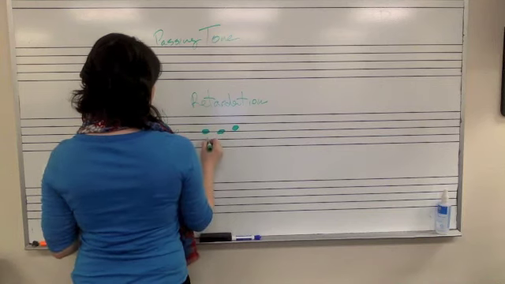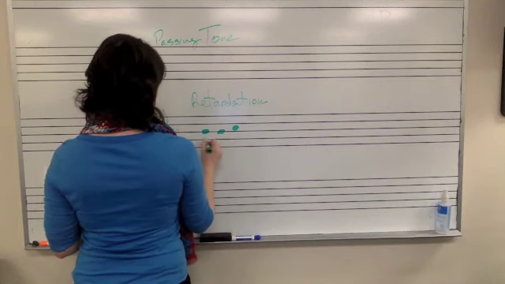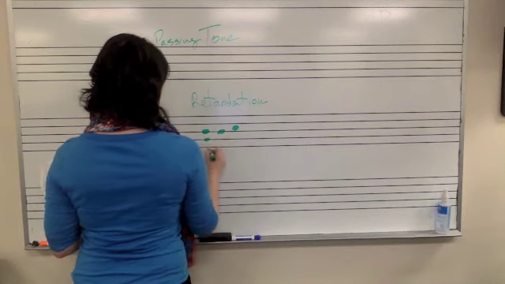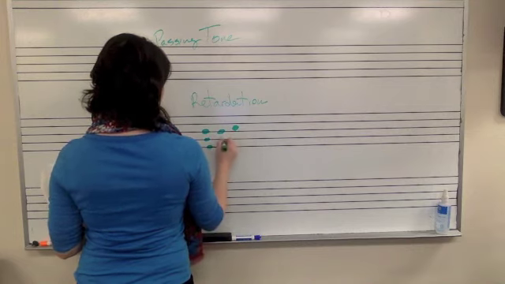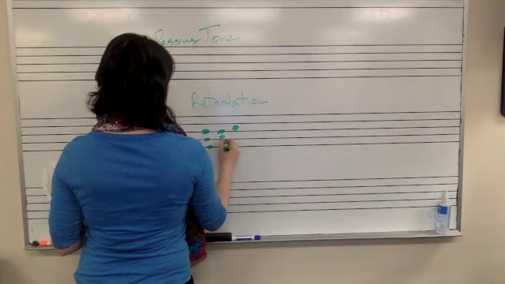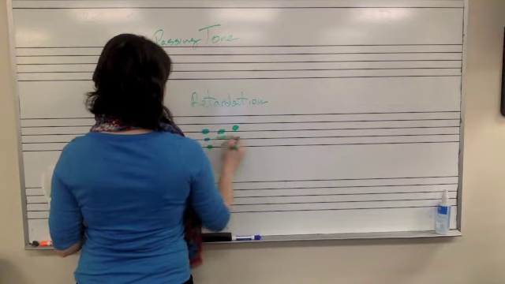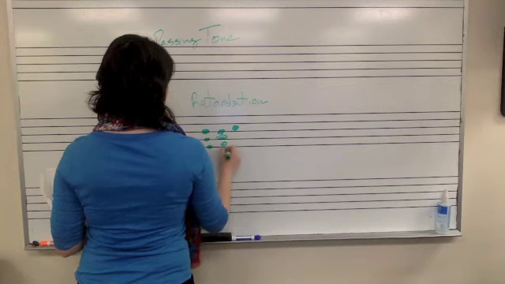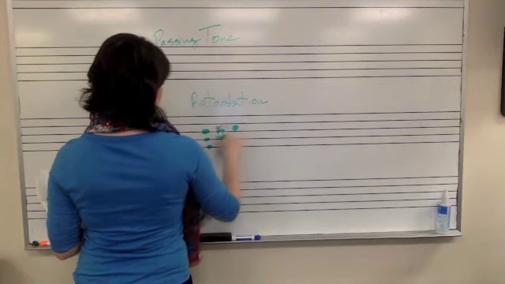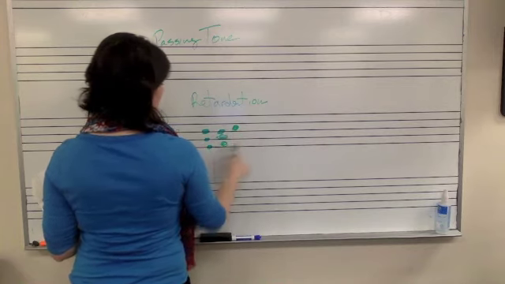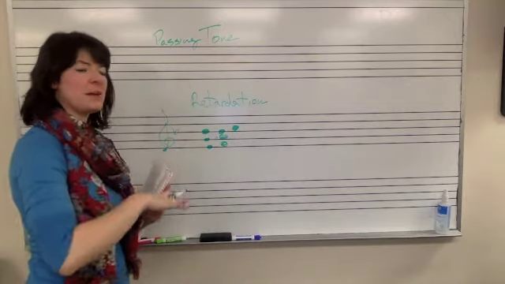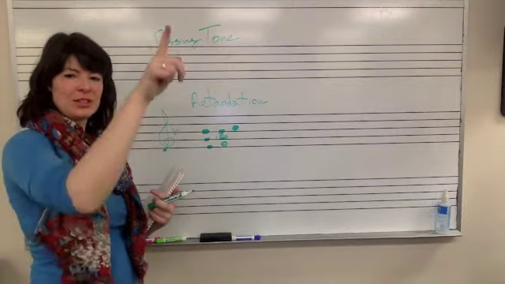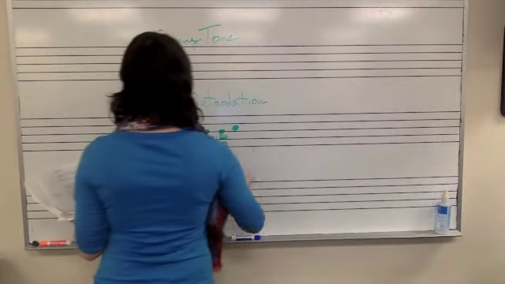So it resolves, maybe you've got this, and then you've got, so these two notes clash right here, but it's going to resolve here when we get to the C. All right, but it resolves upwards. So suspension resolves downward, retardation resolves upwards.